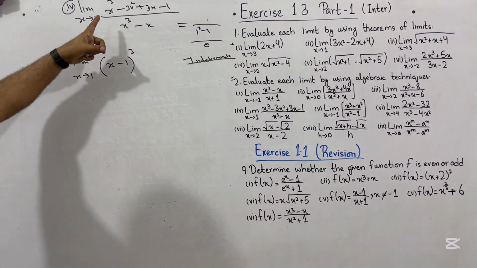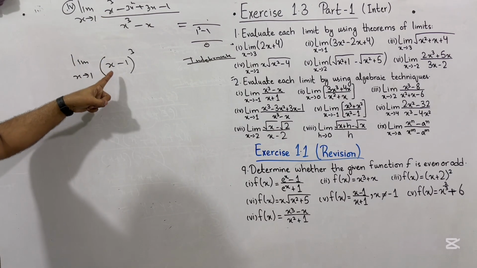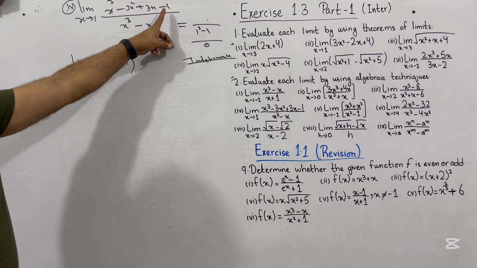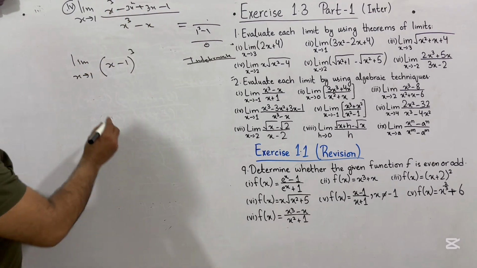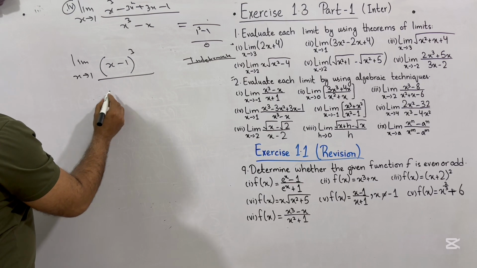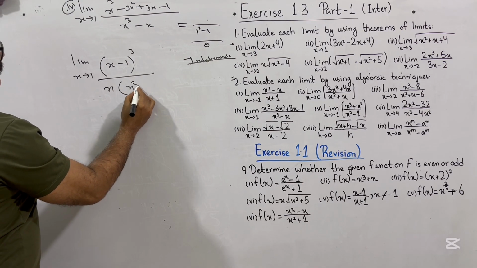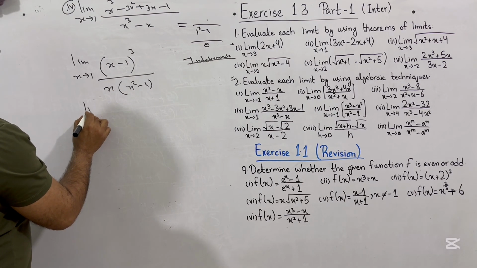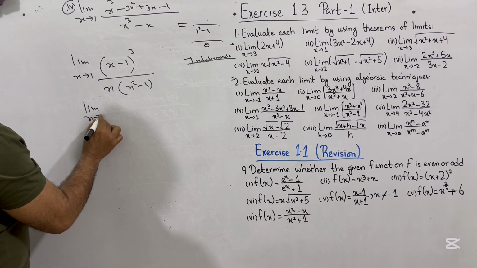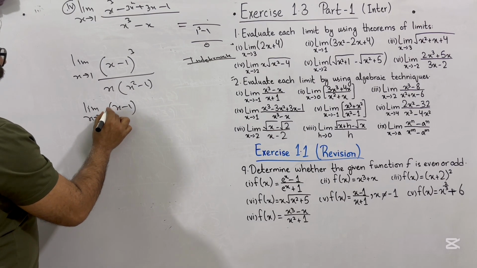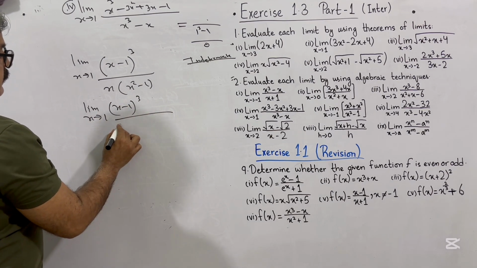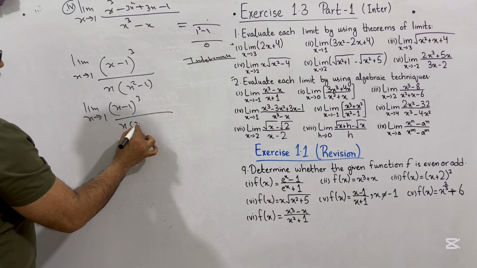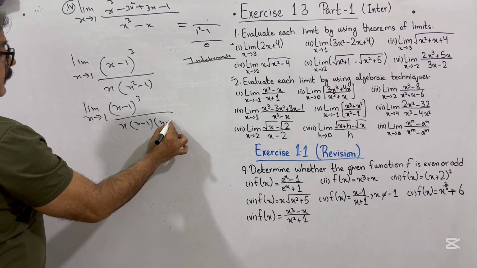This is the identity, x cube minus 3x square plus 3x minus 1. Taking x common from the denominator, we have x square minus 1. Limit x tends to 1, x minus 1 whole cube, over x, still factorize, x minus 1 and x plus 1.